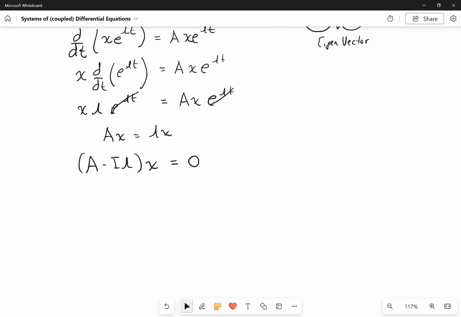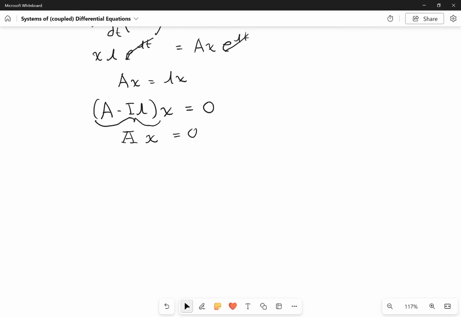If you remember from the eigenvalues and eigenvectors, we'll make this a fancy A, times x equals 0. Now, we want x to not be 0, right? So how would we solve this?